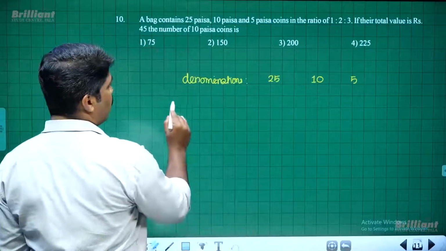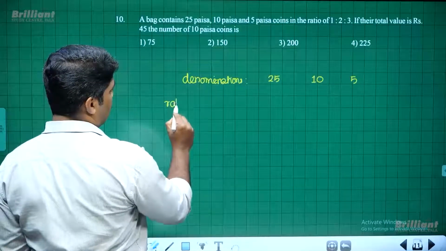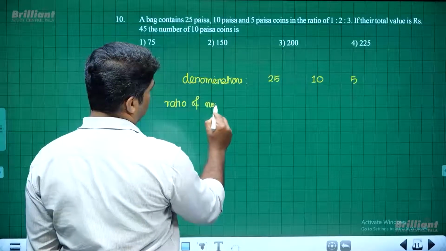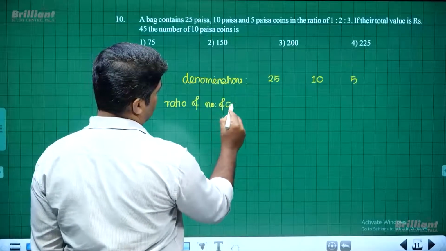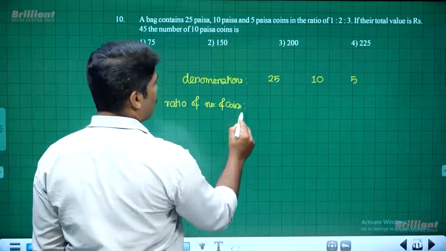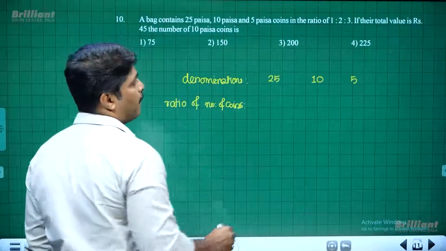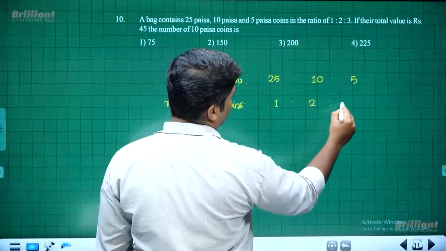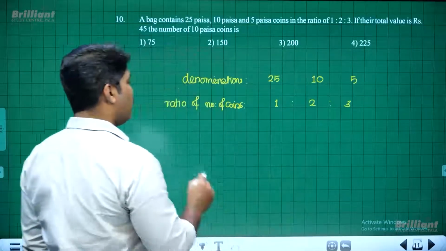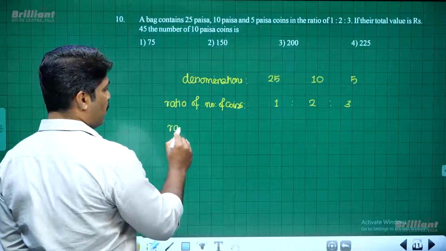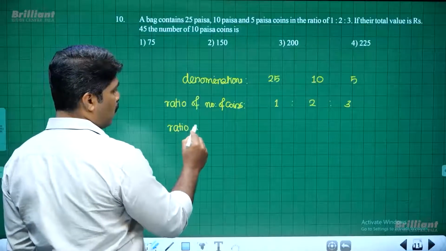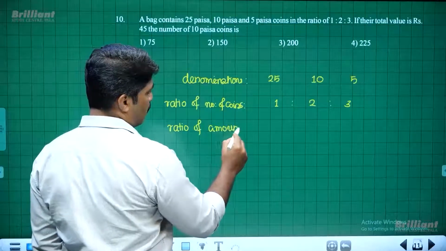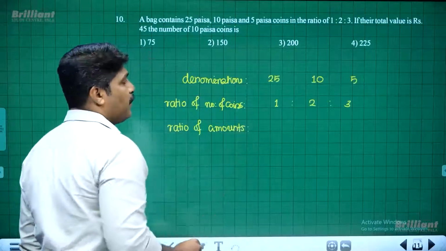And the ratio of the number of coins is the given quantity, that is 1:2:3. Therefore, the ratio of amounts.